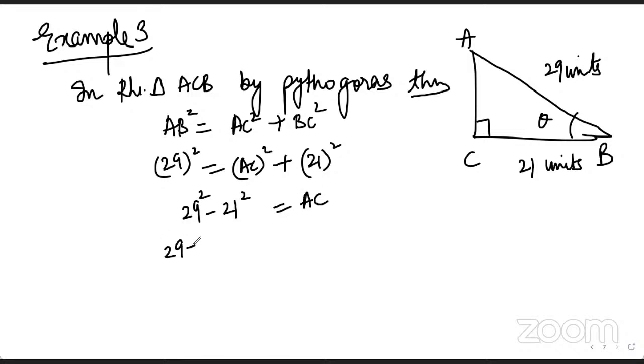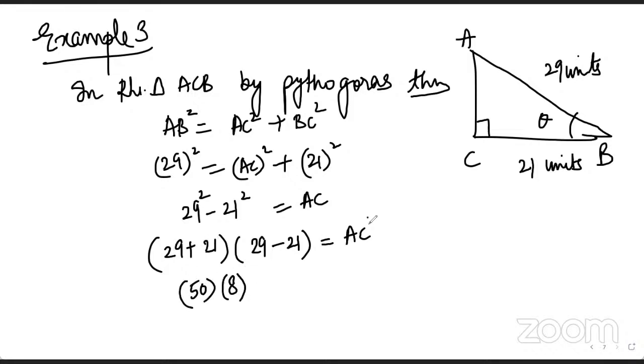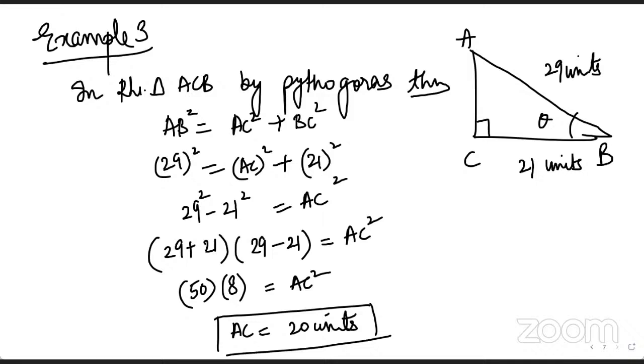So this will be 29 plus 21 into 29 minus 21 equal to AC square. As you can see, this will be 50 and this will be 8, equal to AC whole square. So your AC will come out to be 20 units.